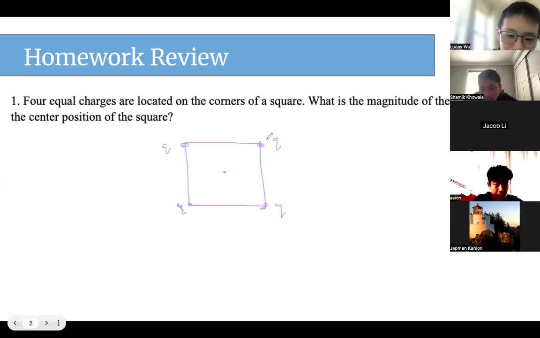If I imagine putting a test charge at the center, there will be a repulsion from this charge over here, so that will be in this direction. There are electric forces in all four directions and they're equal magnitude, so they're just gonna cancel out, and the total force is zero. Great job. Let's move on to the next problem.